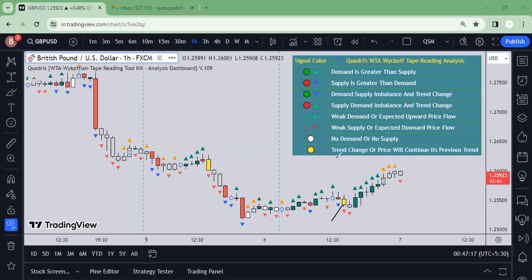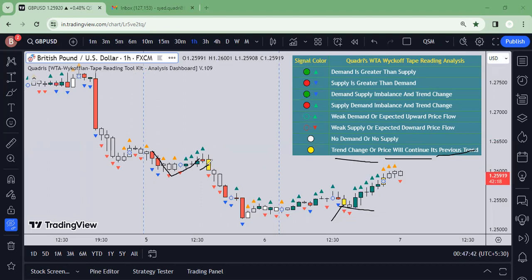A yellow candle refers to either a trend shift or trend change taking place, or price will continue in its previous trend. For example, if we are coming downwards and then we are coming upwards, what happened at this particular point?